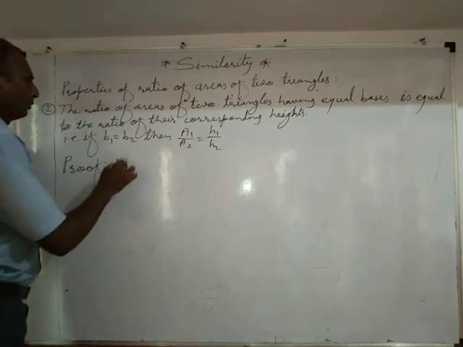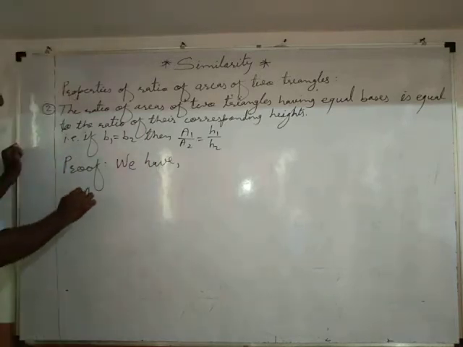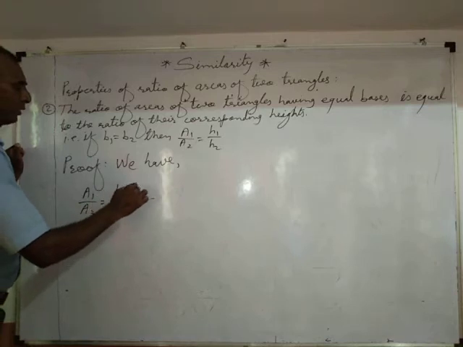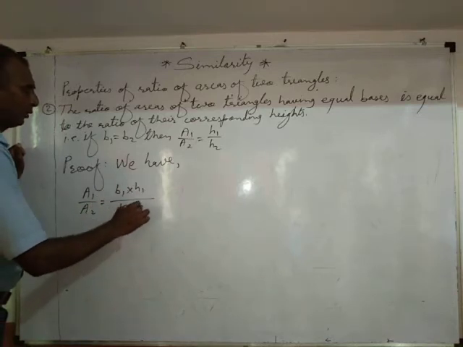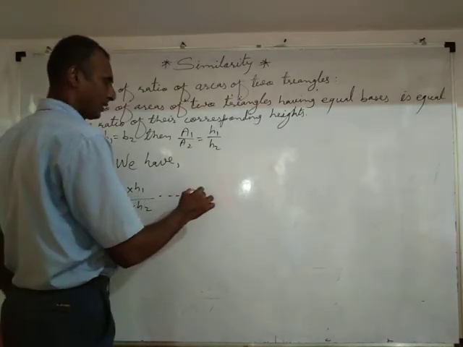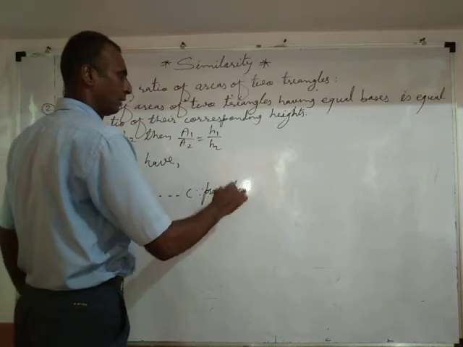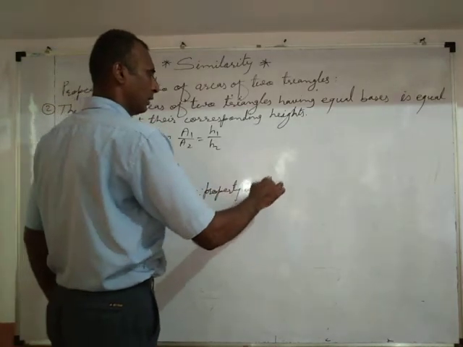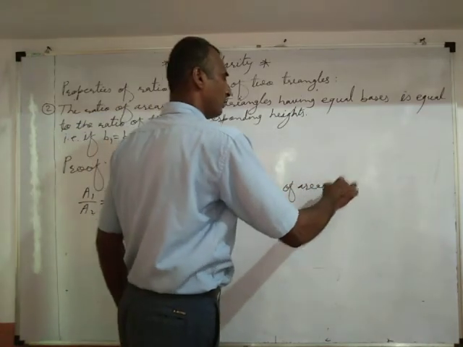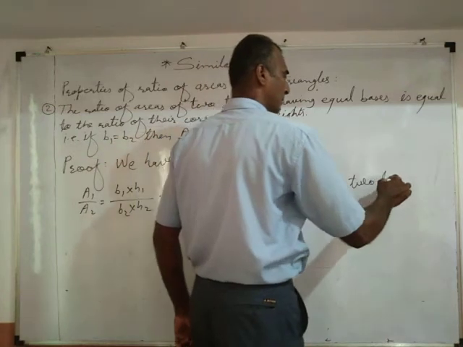We have A1 upon A2 equals B1 into H1 upon B2 into H2. This is known as a reason for this, since property of a ratio of areas of two triangles.